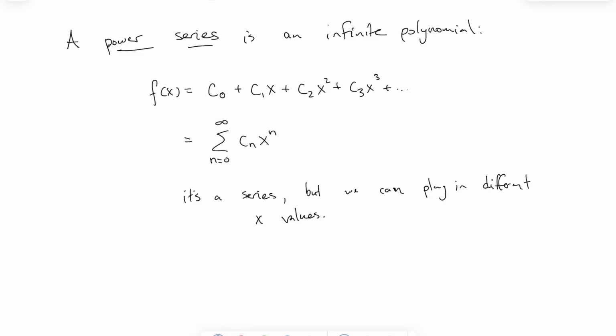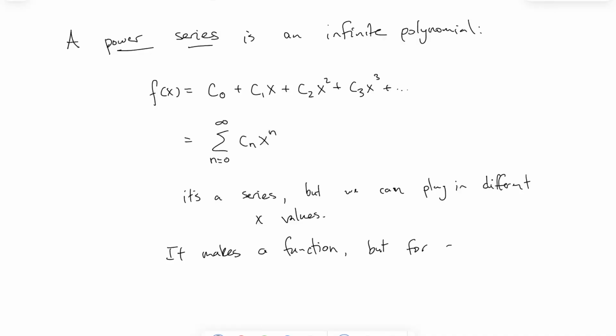We can plug in different x values, and so it makes a function. That is, you plug in some x and you get some answer out. Although sometimes it diverges. For certain x's, you might get an answer because you plug in some value for x and this actually adds up to something. But sometimes you might plug in a value for x and this adds up to infinity or something like that.